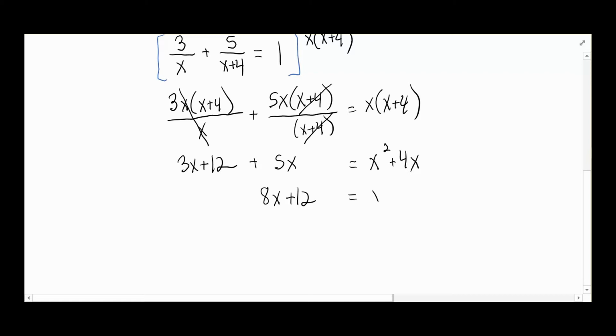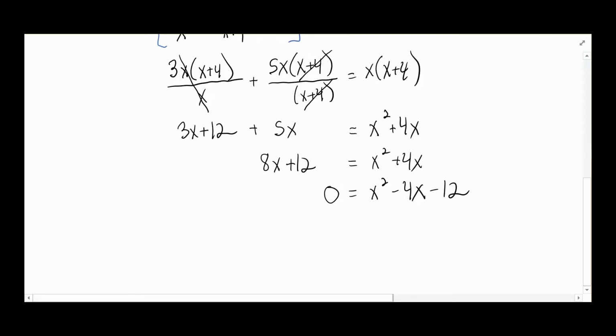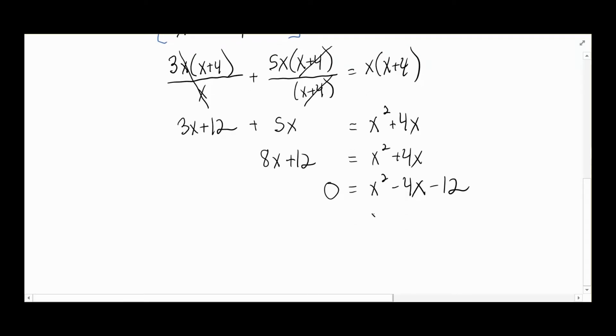On the left-hand side, we can combine our like terms, and then we can bring everything to one side so that the other side is 0. At this point, we could try to factor. If we can factor, awesome. If not, we use the quadratic formula. And in this case, we actually can factor, so don't forget to try that.